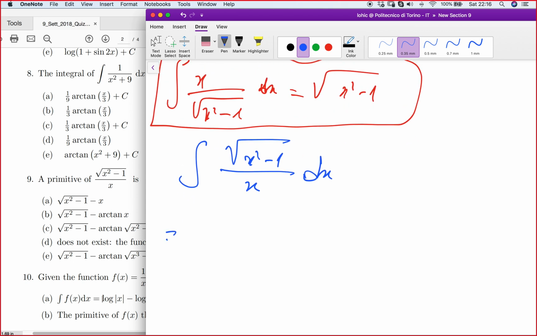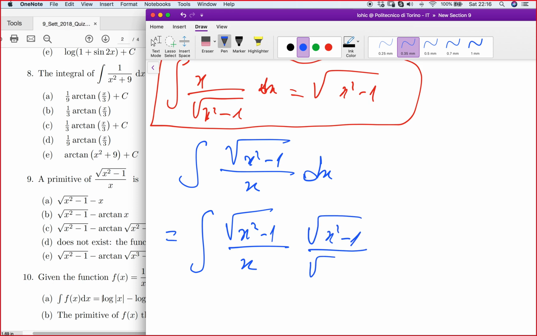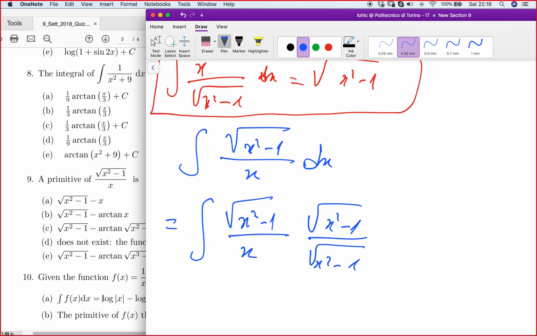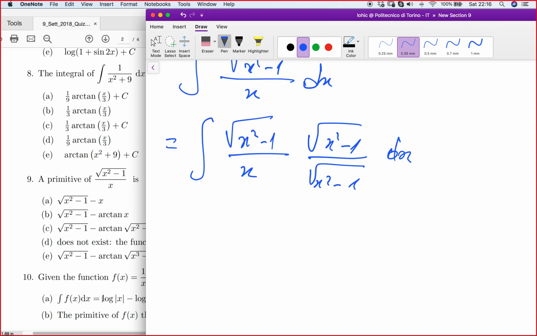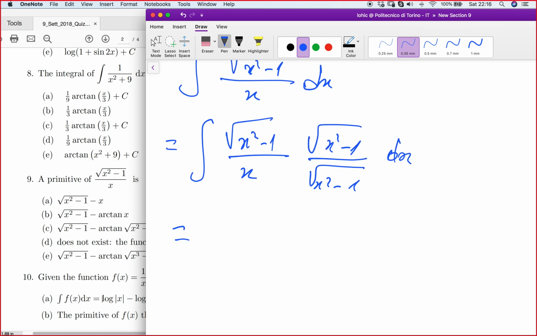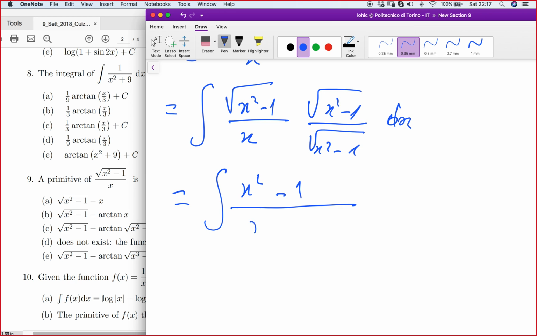This integral is actually equal to, we can multiply and divide by the square root, so we can write it like this. Then you will understand why we are doing it like this. It becomes the integral of square root of x squared minus 1 over x multiplied by square root of x squared minus 1, in dx.